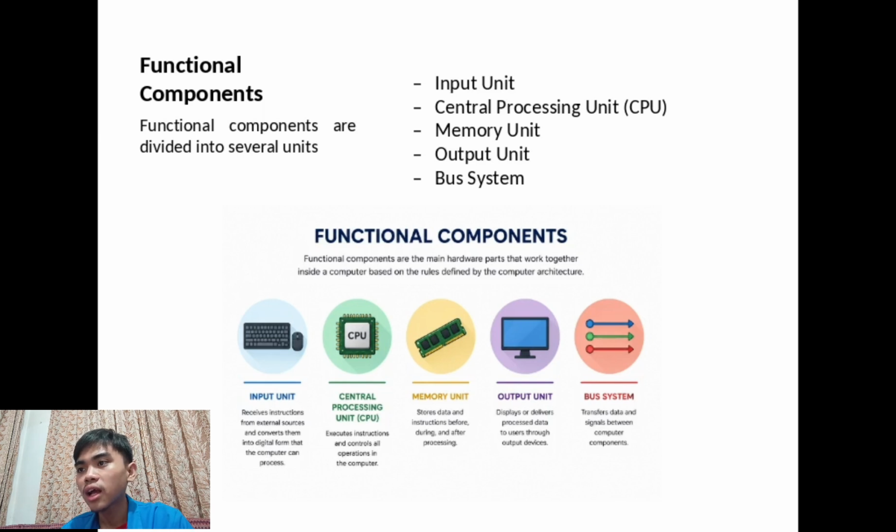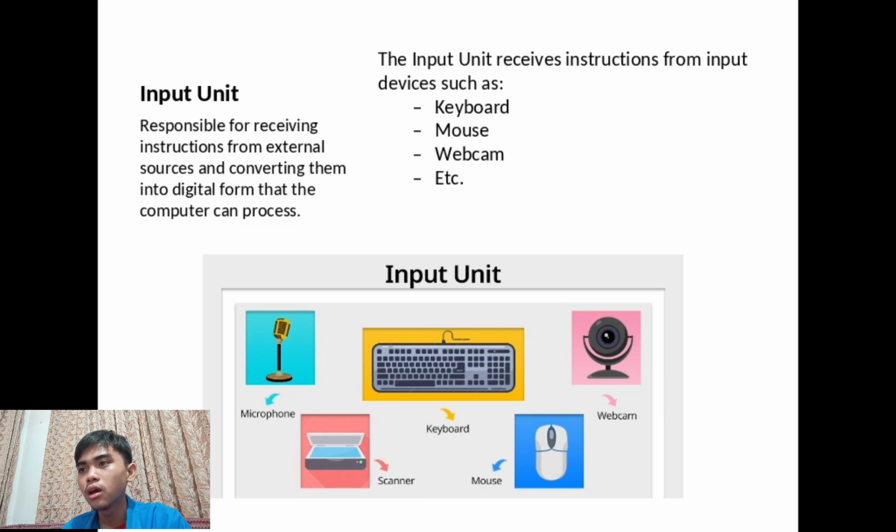Functional components are divided into several units. There are the input unit, central processing unit, also called CPU, memory unit, output unit, and bus system. The input unit is responsible for receiving instructions from external sources and converting them into digital form that the computer can process.